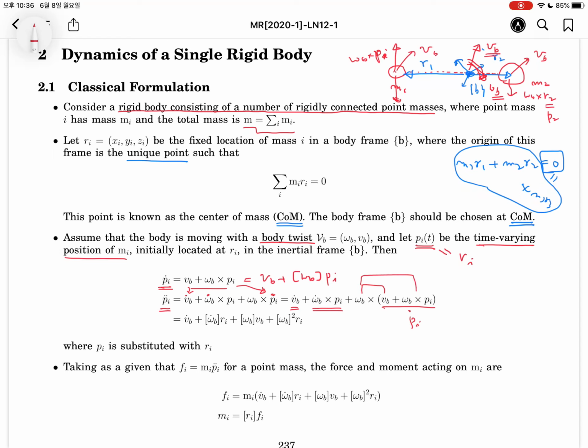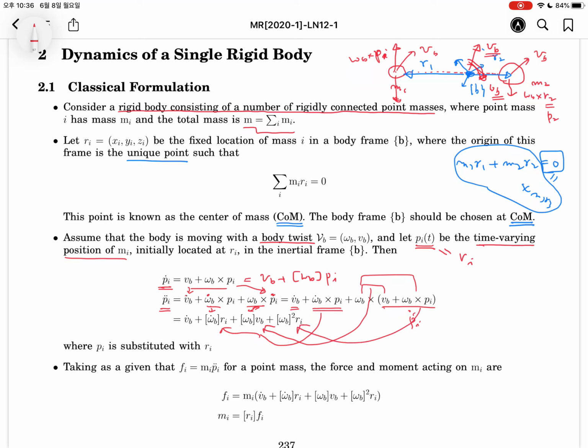If we apply the skew-symmetric matrix form instead of the cross product, this part is written like this. The third term appears like this.